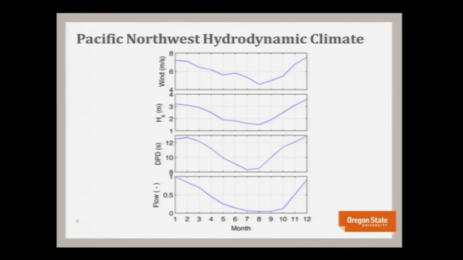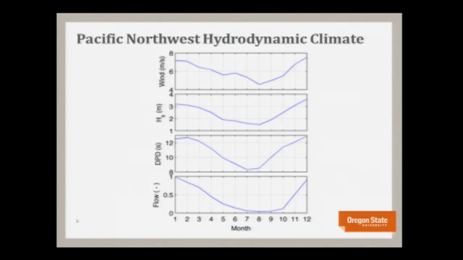You can see wind speed, significant wave height, and dominant wave period, and things are very temporally correlated. We have strong winds in the winter, weaker winds in the summer. That leads to larger significant wave heights and longer period waves in the winter, and again those variables are weaker in the summer.